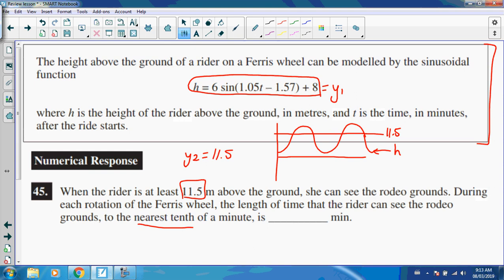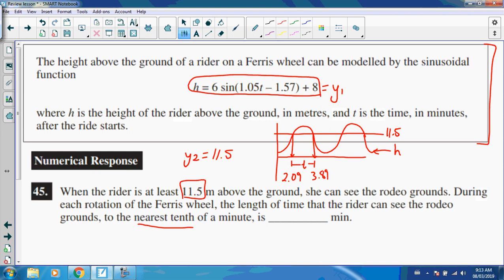Basically what we're interested in is how long can she see the rodeo grounds. So I want to find these two x values and see how much time is between them. When I sketch this in the calculator, the rider starts seeing it at approximately 2.09 minutes, and then finishes seeing it at 3.89 minutes.